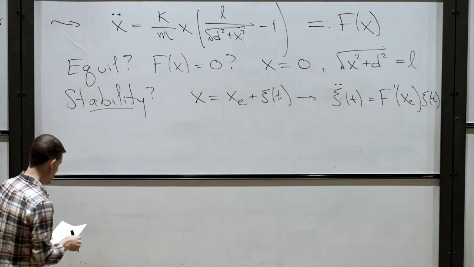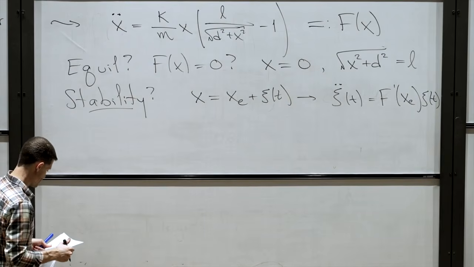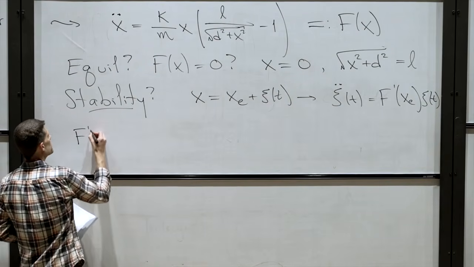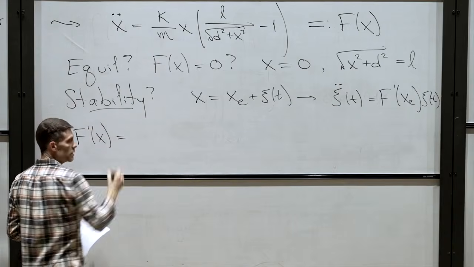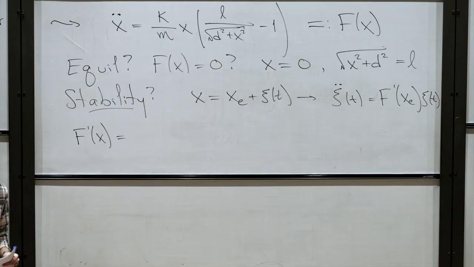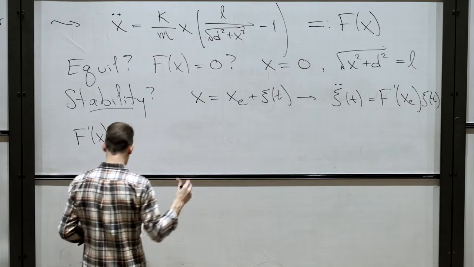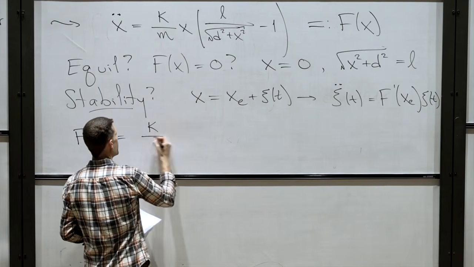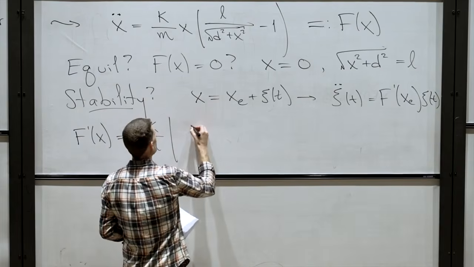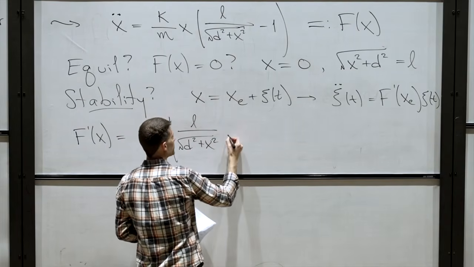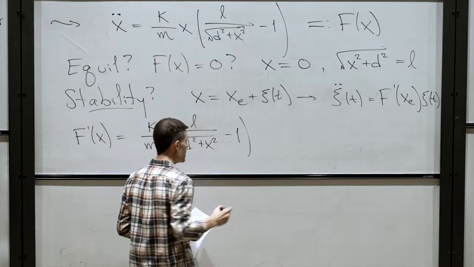Nevertheless, if we're a little bit careful with our algebra, we can keep these calculations from getting too messy. So f prime has a k over m times this L over root d squared plus x squared, minus 1.